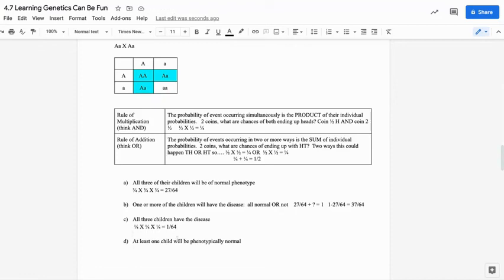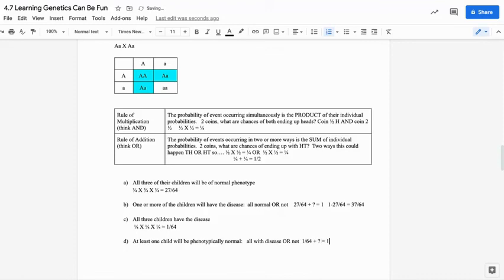And then D is very similar to B. What is the chance that at least 1 child will be phenotypically normal? Again, you can state it like this: all with disease, or not, right? Or at least 1 is okay. Algebraically, same thing. 1/64 is the chance that all have the disease, plus, we don't know, but they all have it or they don't, right?